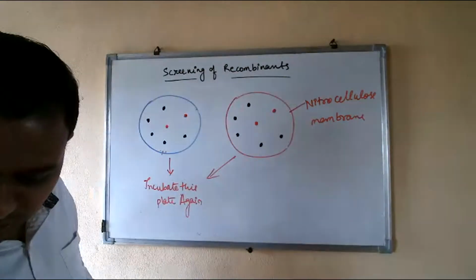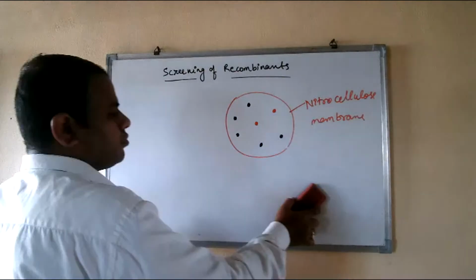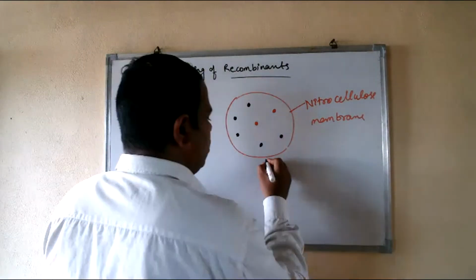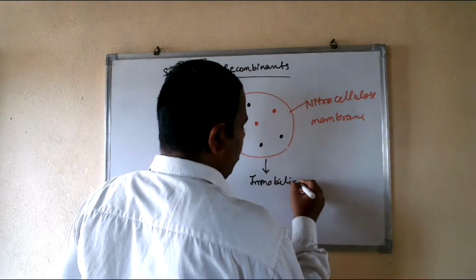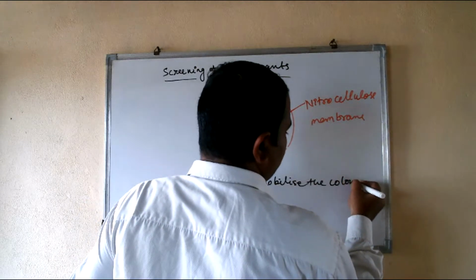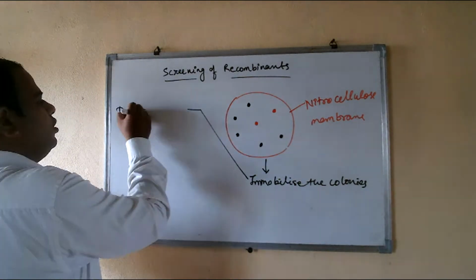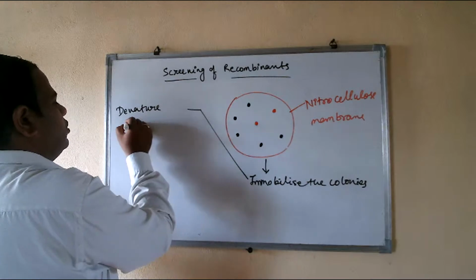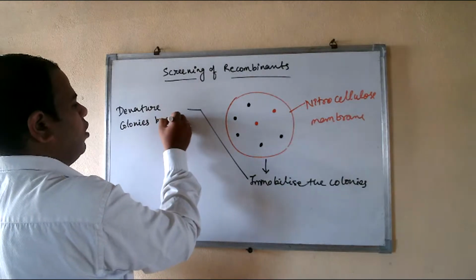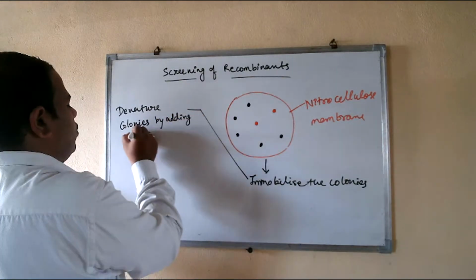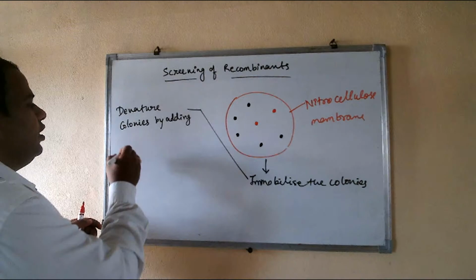So how is the processing done? You take this nitrocellulose membrane and immobilize the colonies. After that, you denature all these colonies by adding the denaturing solution.